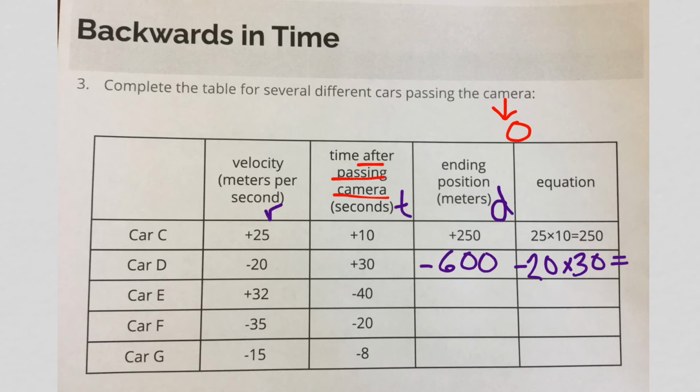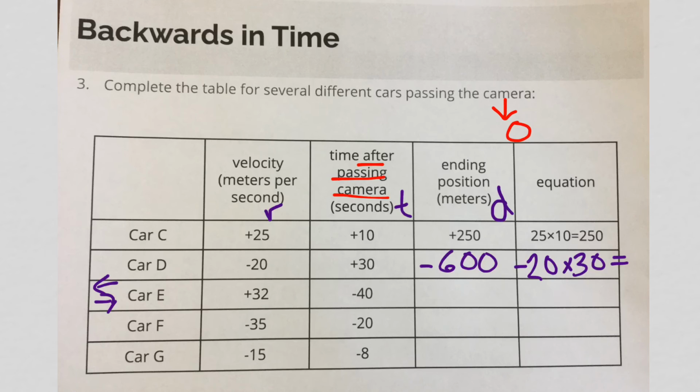For car E, we are going a positive direction, but we're going back in time. So car E is traveling to the positive direction, but we're going back in time, and back in time makes us go the other way. So we're actually going to end up on the negative side.